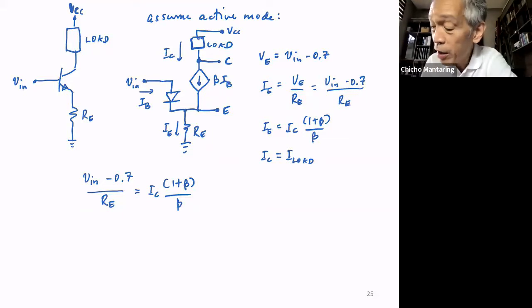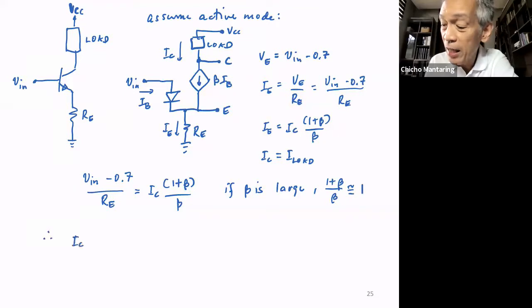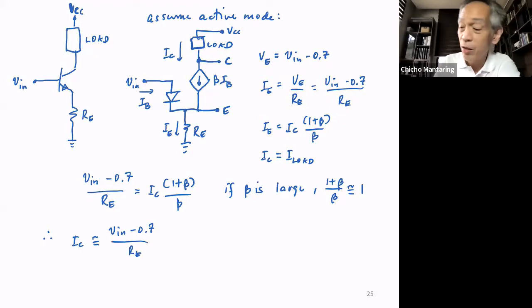Okay, but recall that if beta is large, 1 plus beta over beta is approximately equal to 1. And therefore, IC is just approximately equal now to V in minus 0.7 over RE. No?